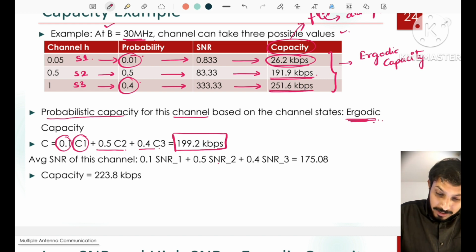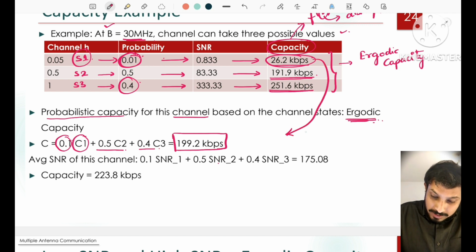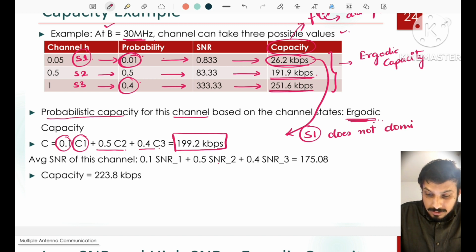And this is better because when the channel is in state 1, the probability of the channel to be in state 1 and having a capacity of 26.2 kbps is very less. So this state 1 does not dominate, but still it helps, it reduces the overall capacity of the channel.